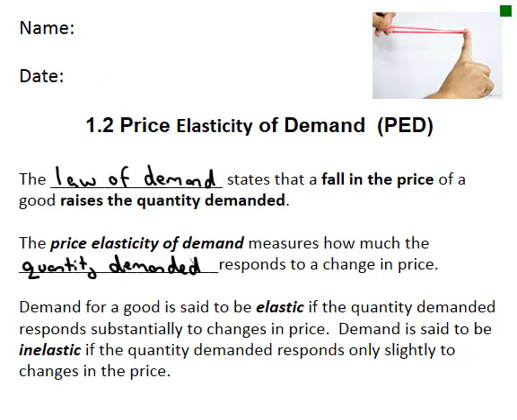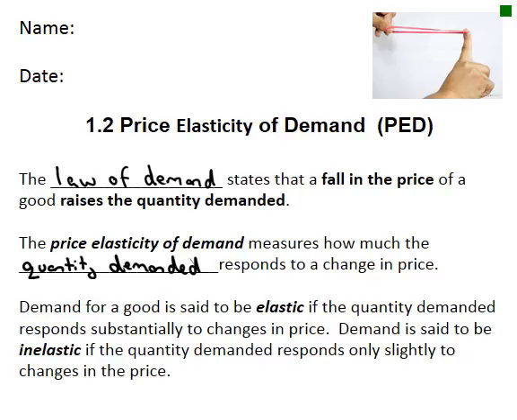So what we're looking at today, and this relates to that last slide, is something called price elasticity of demand, or PED. The law of demand states that a fall in the price of a good raises the quantity demanded.